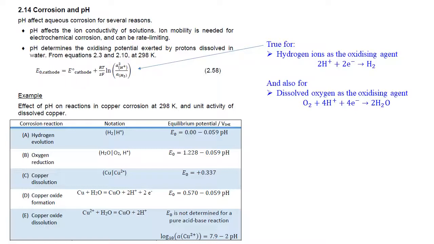With this kind of idea, we can now go and construct a pH-potential diagram which predicts what corrosion problems take place in any situation. And to construct the pH-potential diagram, we will use the example chemistry for copper metal corrosion on this table on page 21, and we will construct the diagram on page 22.